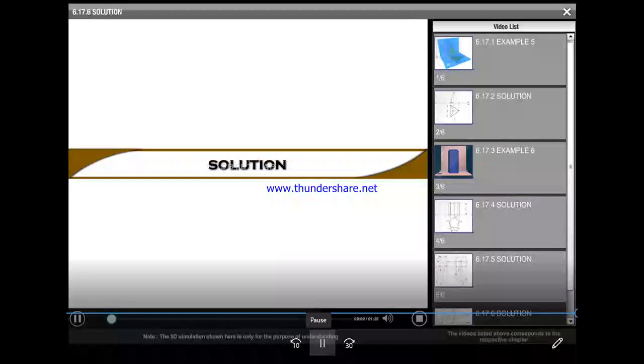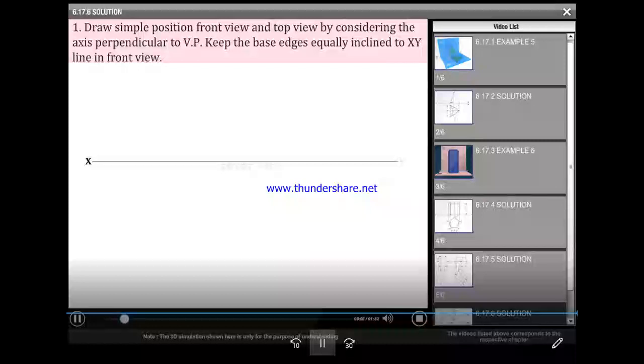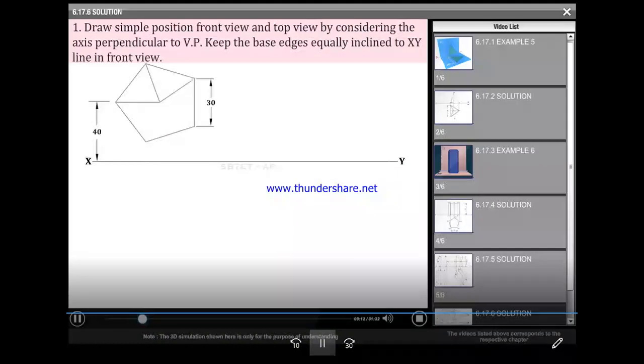Solution to example problem. Draw the simple position front view and top view by considering the axis perpendicular to VP. Keep the base edges equally inclined to the XY line in the front view.